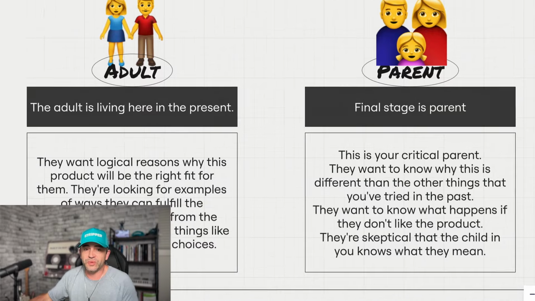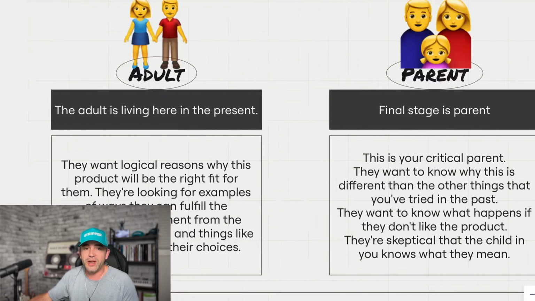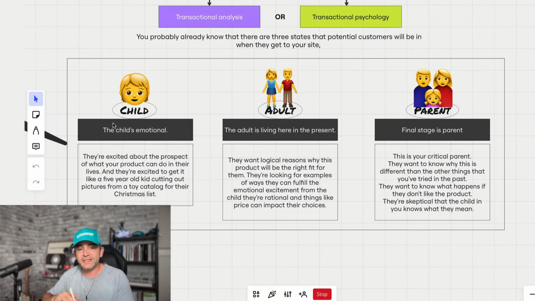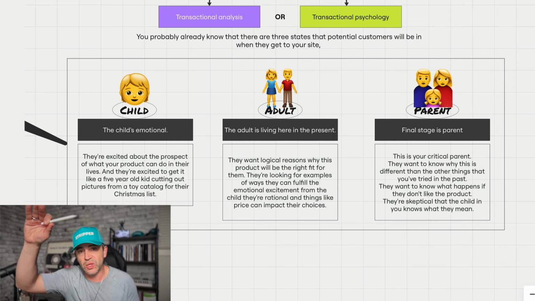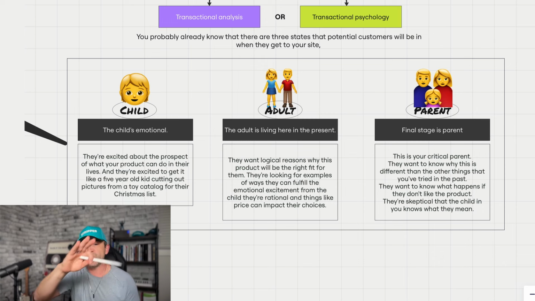So when we look at these 3 states, child, adult, and parent, the goal is to take the potential consumer from an emotional state, elevate them so they're excited about the potential outcome, through logic, which confirms the biases and the benefits that they think they're going to get when they're in that elevated emotional state, and then bust the objections that the critical parent has about why this is different than the other things they've tried to solve this problem.